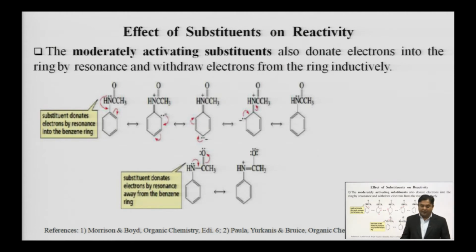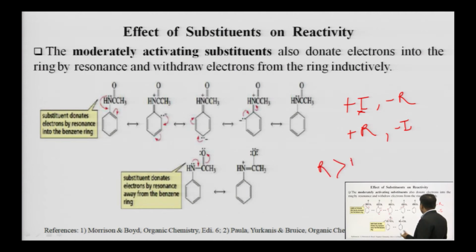So, at that point, if the group has relatively opposite influencing mechanisms, meaning a group having +I effect and -R effect, or a group having +R effect or -I effect, then it will be taken care that the dominating force will be resonance.